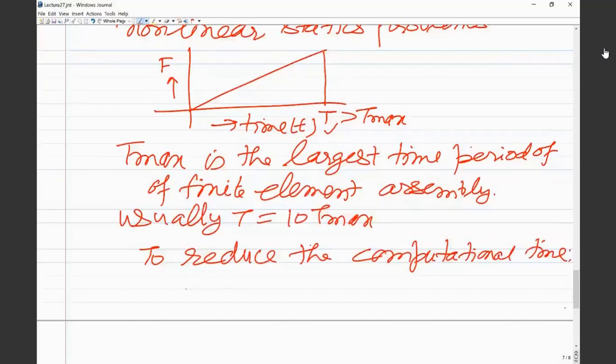When your highest natural frequency is coming down, you can have a larger delta T, so that you need to solve at fewer time instances. There are different ways of mass scaling. I'm not going to discuss that, but to reduce the computational time further, mass scaling is used.